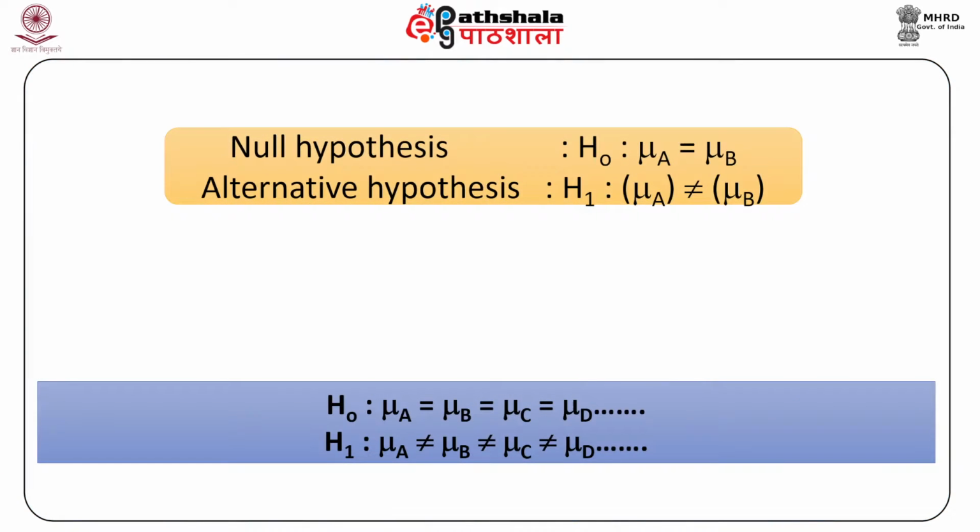So mathematically writing, we would denote the null hypothesis H0 as mu A equal to mu B, and the alternative hypothesis H1 as mu A not equal to mu B.